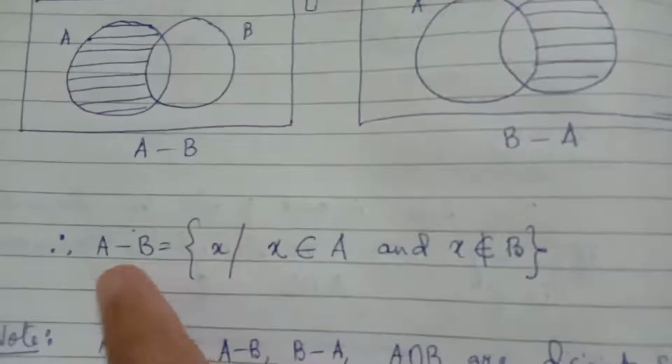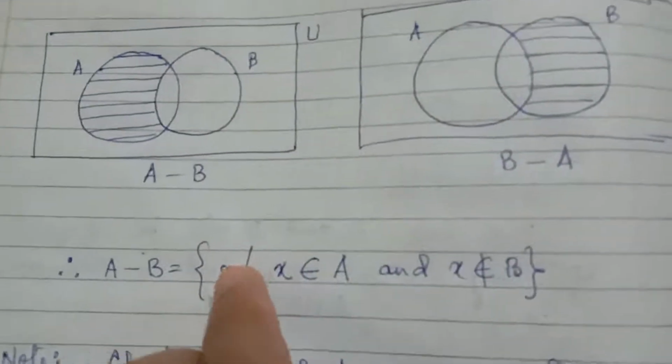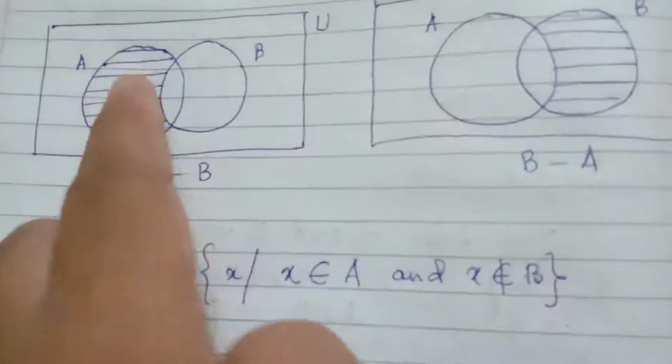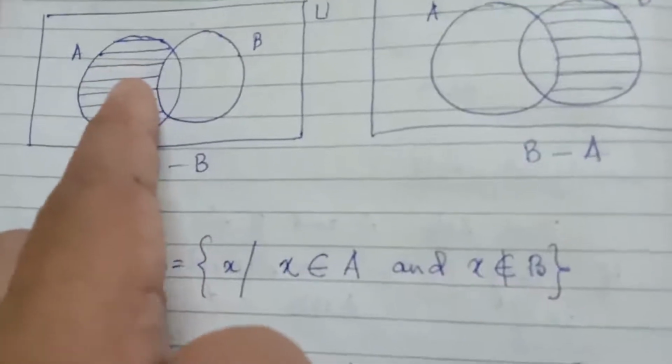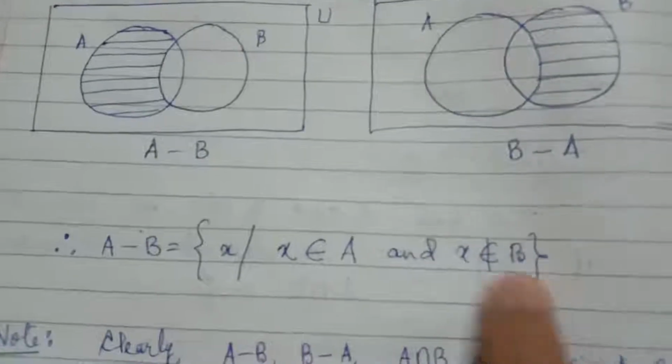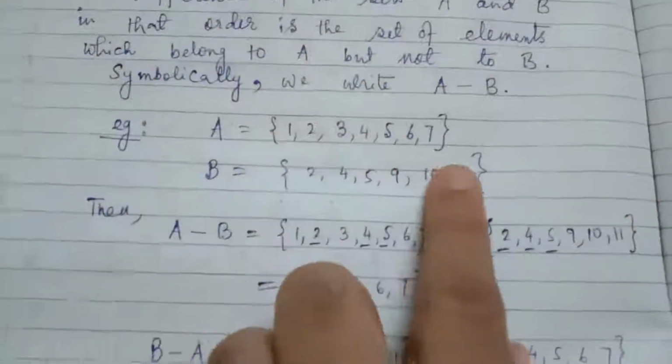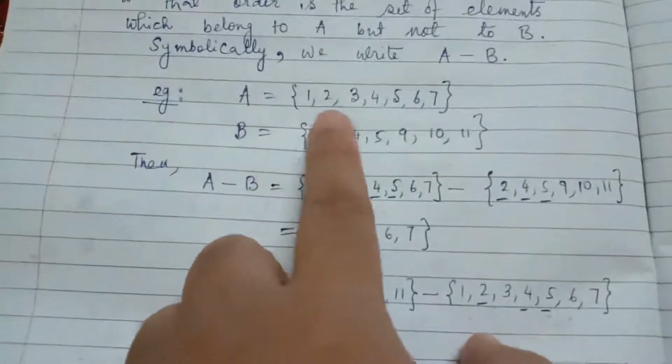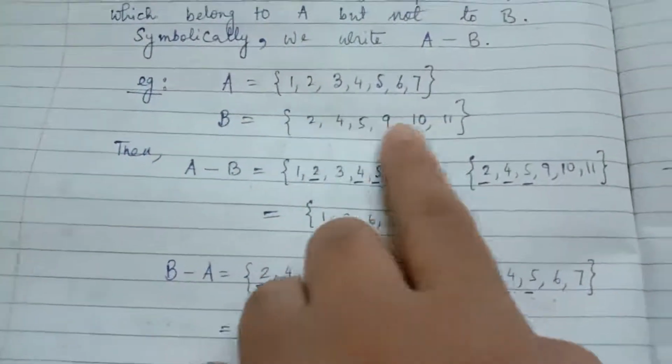So A minus B equals all such elements X which are in A but not in B. X belongs to A and X does not belong to B. You can see A equals 1, 2, 3, 4, 5, 6, 7. B equals 2, 4, 5, 9, 10, 11.